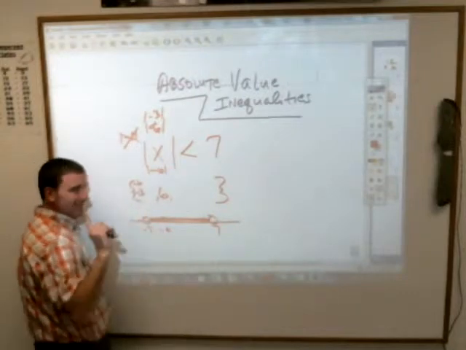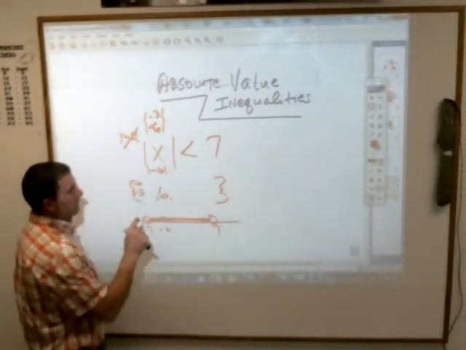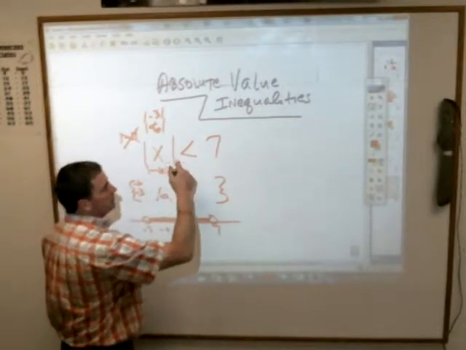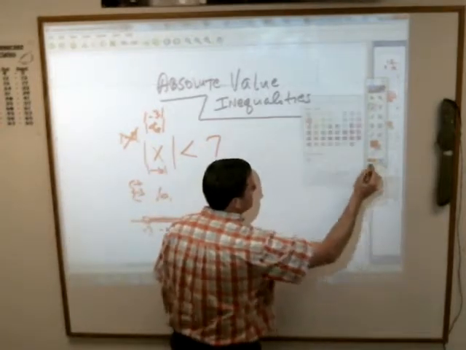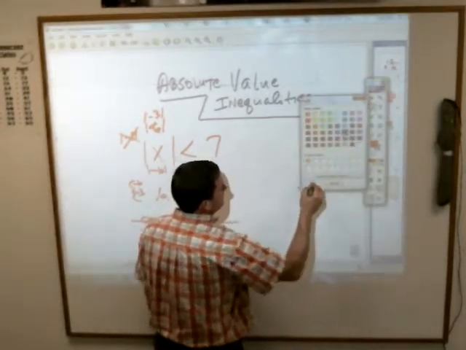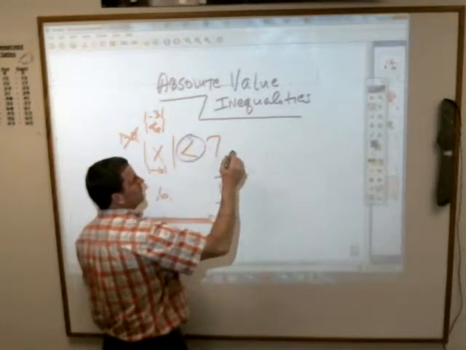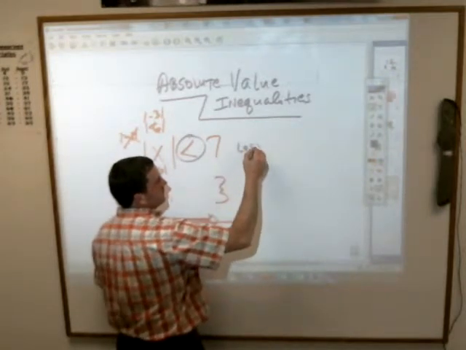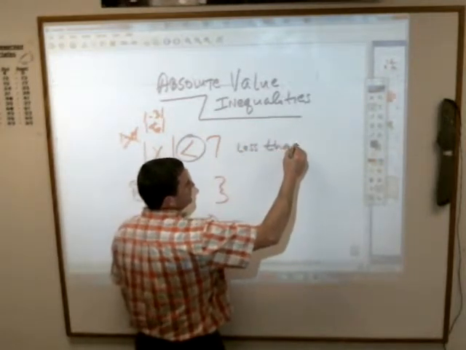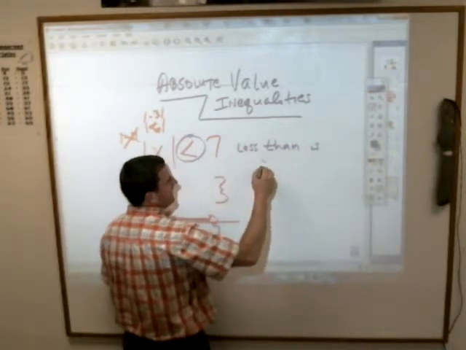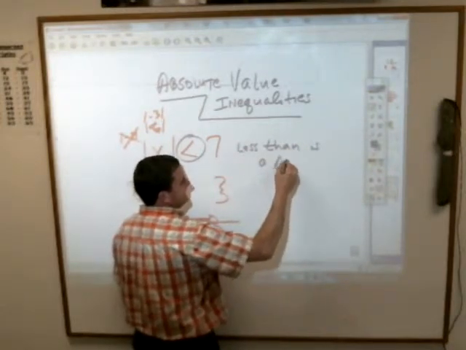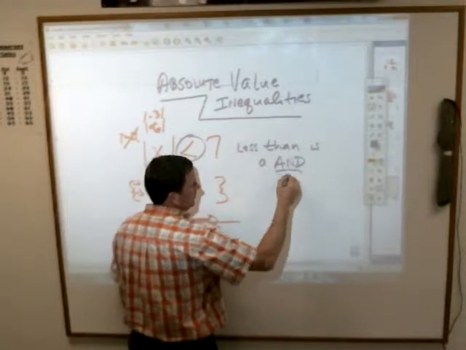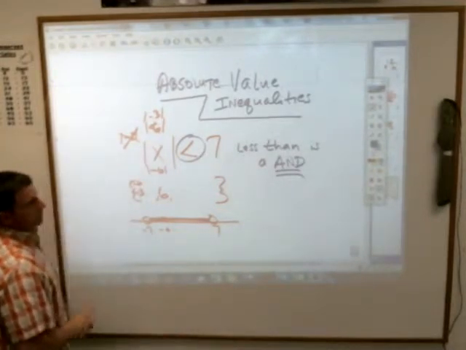We had two types, ands and ors. This is an "and," and that's what you get when you have a less than sign. When you have a less than, it is an "and" equation when you solve it.